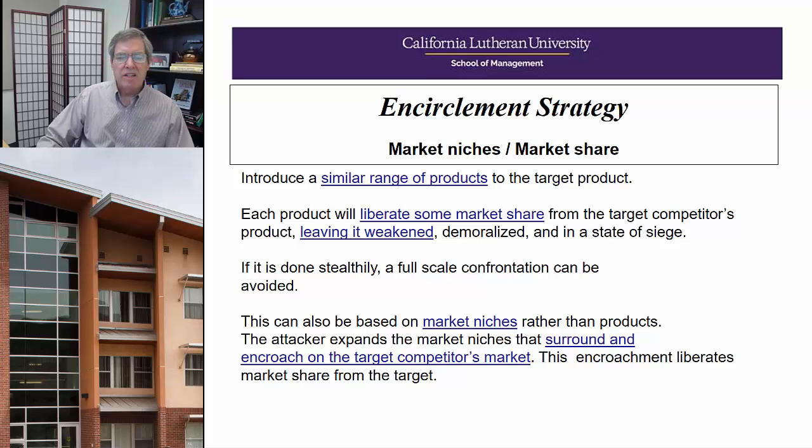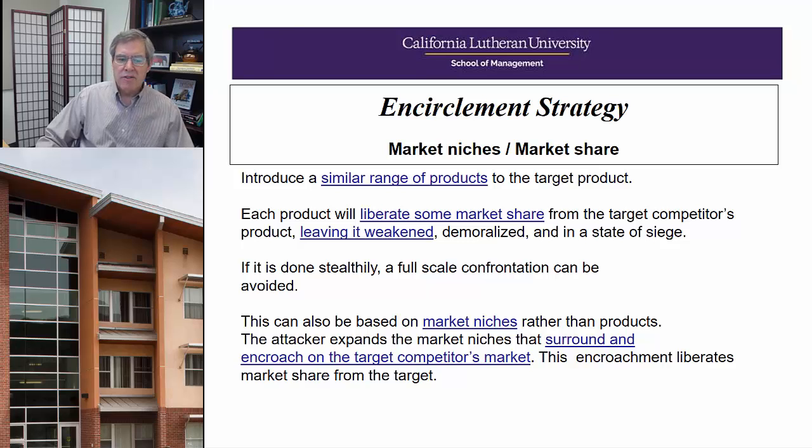An encirclement strategy targets market niches and goes after market share. In this case, you introduce a similar range of products to the target product. Each product will liberate some market share from the target competitor's product, leaving it weakened, demoralized, and in a state of siege.